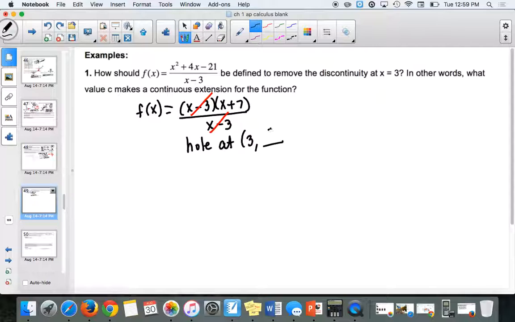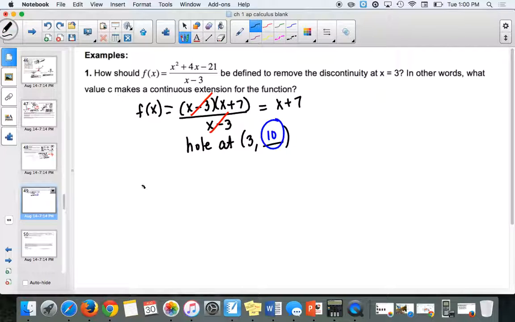What is the y value of that hole? Our simplified version is x plus 7, right? If you plug in 3 to that, you get 10. That is your continuous extension, 10.